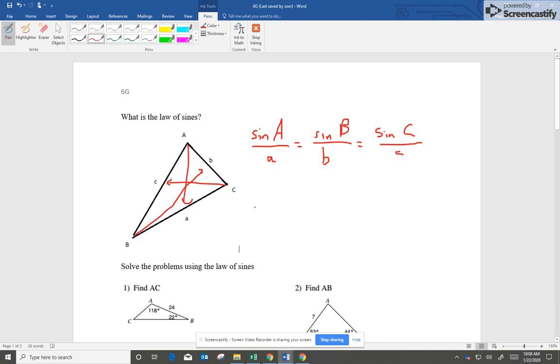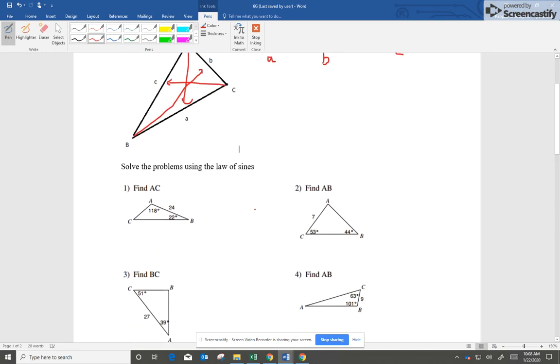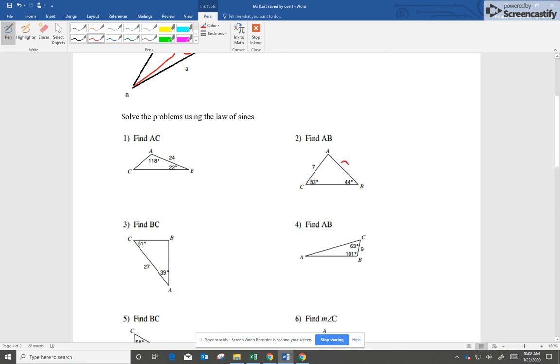Okay. So I want to start here with number 2, and it wants us to find AB. All right. So AB is this thing right here. So the X. So we can see that X is across from 53.